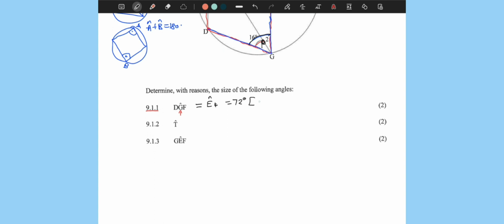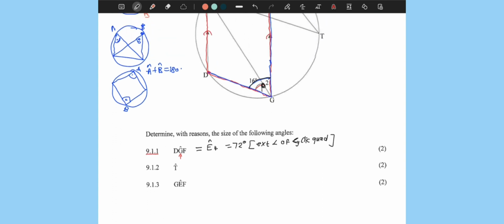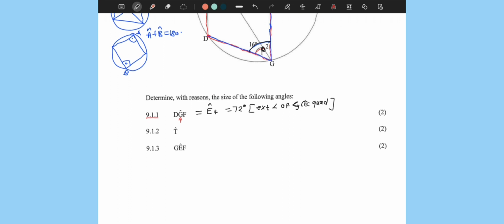Do not forget to write the reason: this is an exterior angle of a cyclic quad. It is not necessary for you to write it out fully. Here you are indicating this is the exterior angle of a cyclic quad, then you are done. Okay, now let's move to 9.1.2.